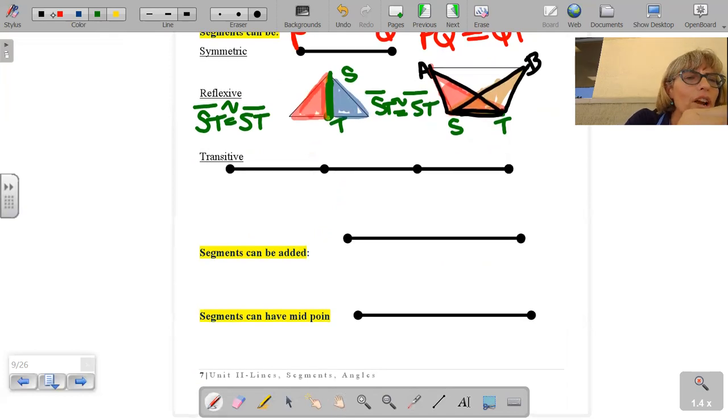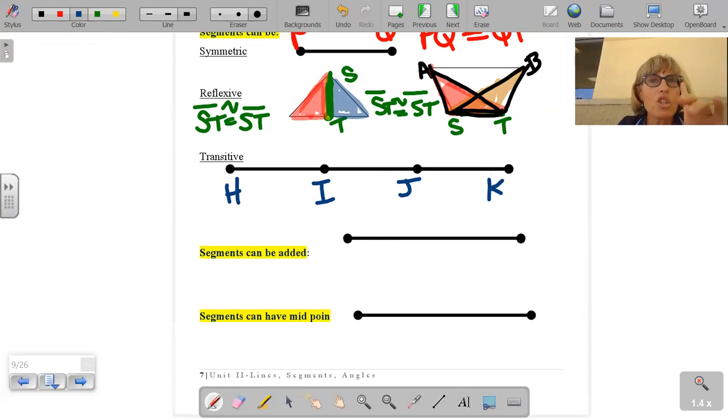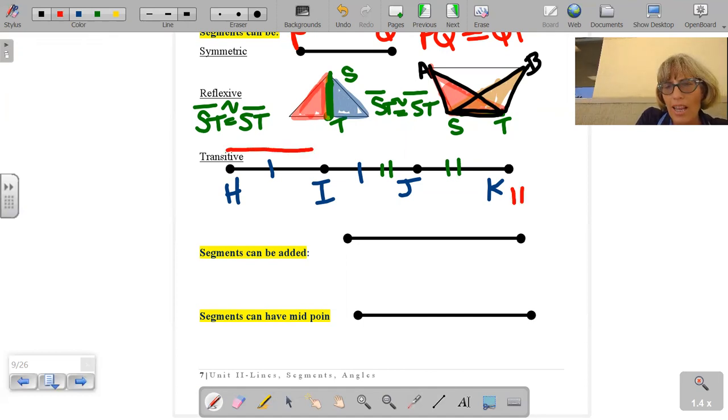Transitive, this is just very common sense. Transitive says this: if HI and IK are congruent, and IJ and JK are congruent, you can conclude that HI is congruent to JK.